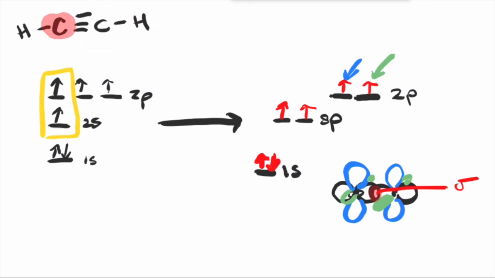We also still see the p orbital overlap right there. That gives us 1 pi bond. And then we also see the p overlap on the z axis, giving us another pi bond. So in this case, we will have 1 sigma bond and 2 pi bonds. Again, to complete the image here, we can have the 1s orbital of the hydrogen with their sigma bonds.